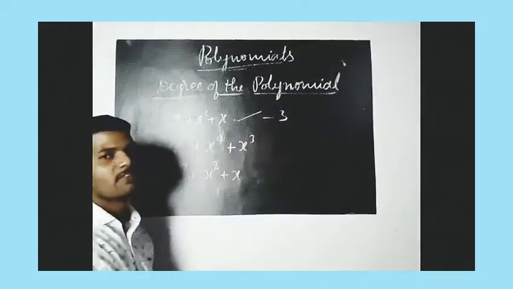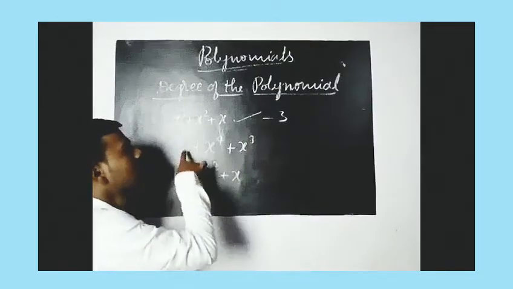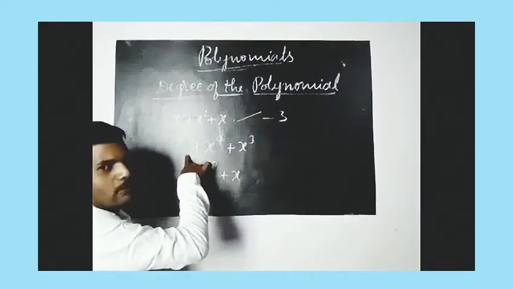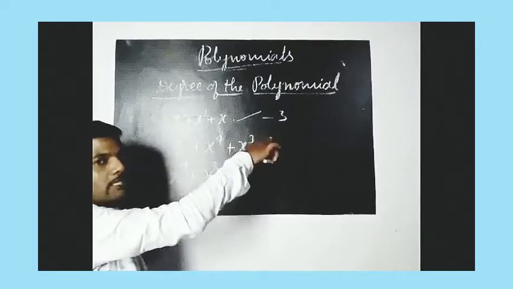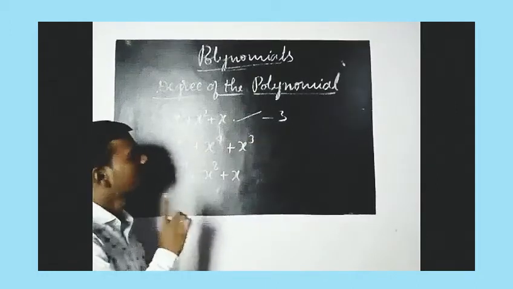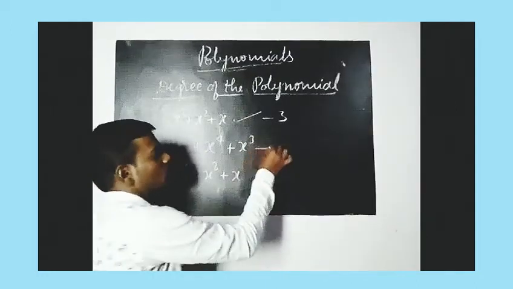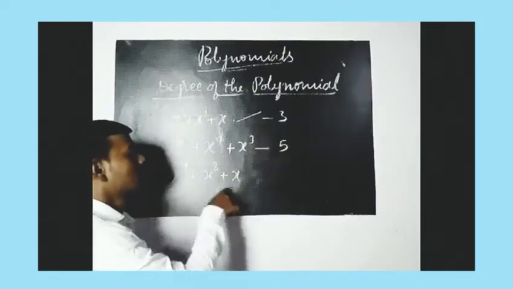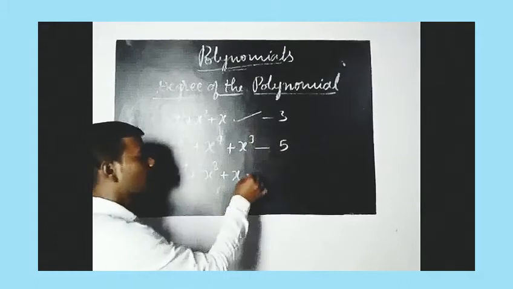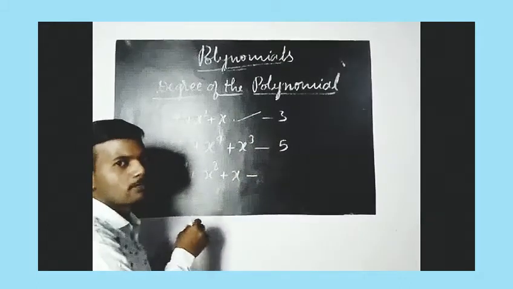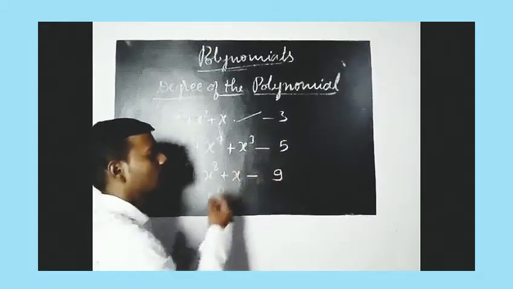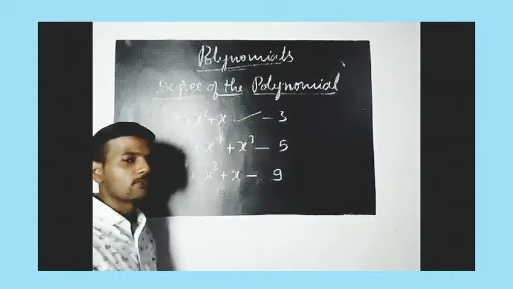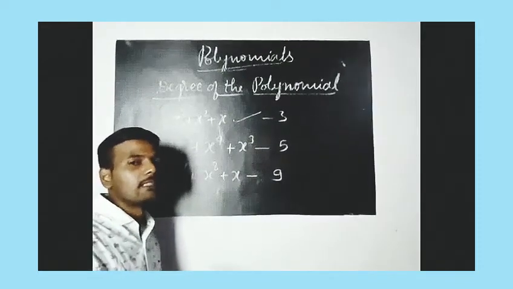Next, you first have to see the exponents; the highest exponent here is 5, so its degree is 5. In the next polynomial the highest power is 9, so the degree of the polynomial is 9.